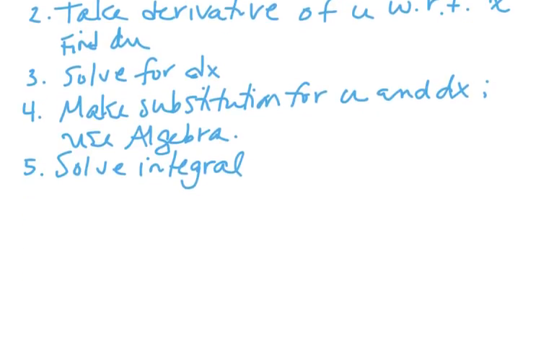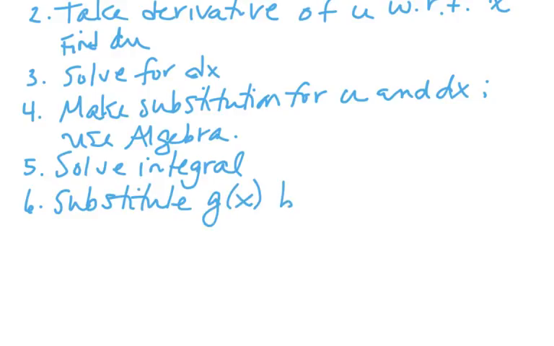And then lastly, you want to substitute back. So you want to substitute g of x back in for u. And this will become clearer as we look at an example.